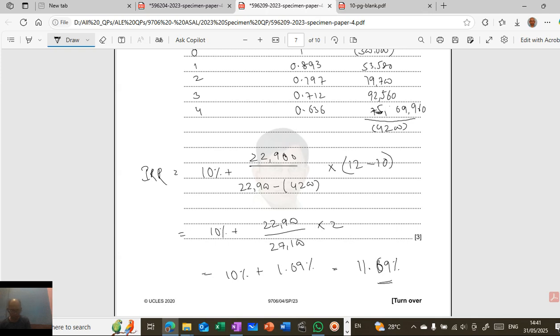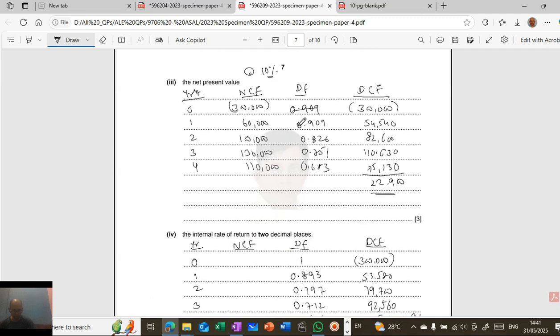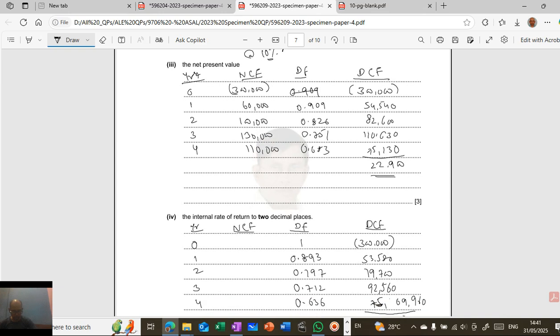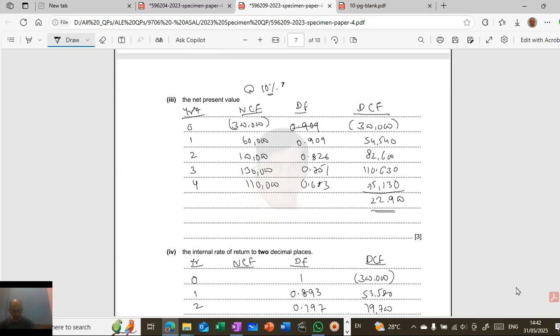See, simply it means if you are earning a rate of return of 10%, you will get a profit of 22,900.